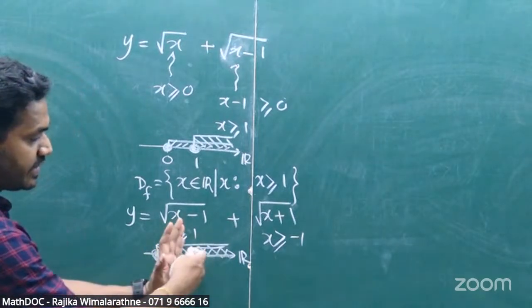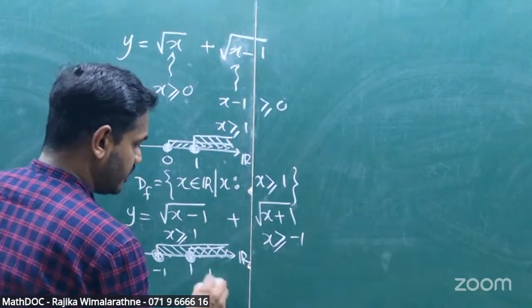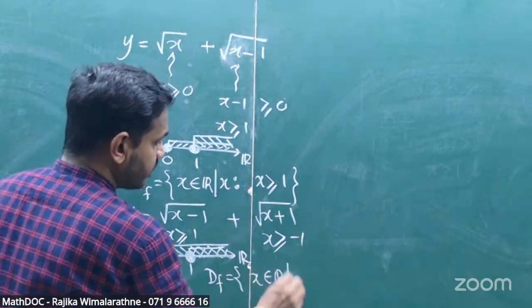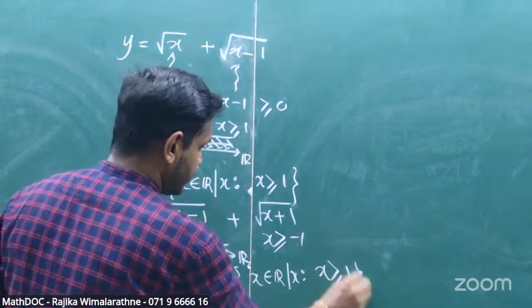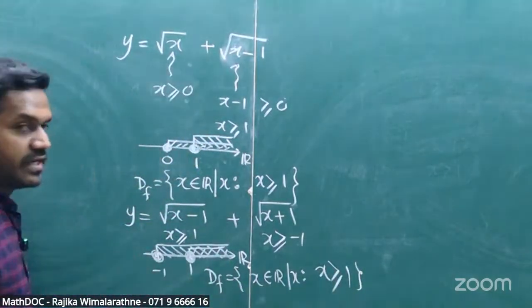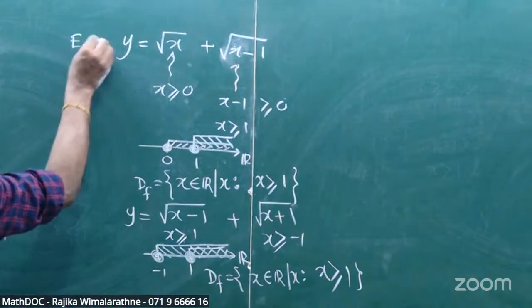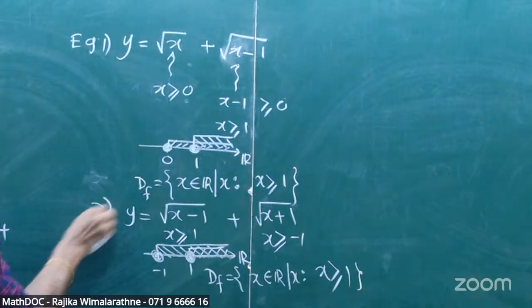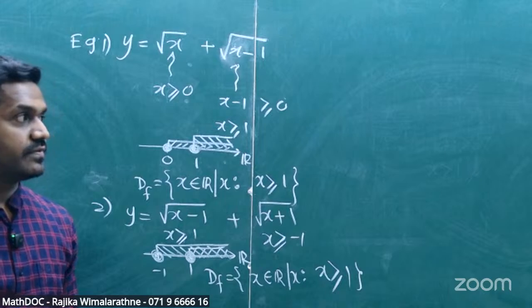Then here the common region is greater than or equal to 1. No? Therefore, write the domain: x real value, x such that x greater than or equal to 1. Here our domain. Okay, write those examples. If you have any problem, let me know.